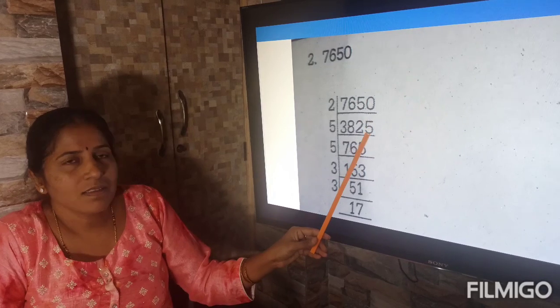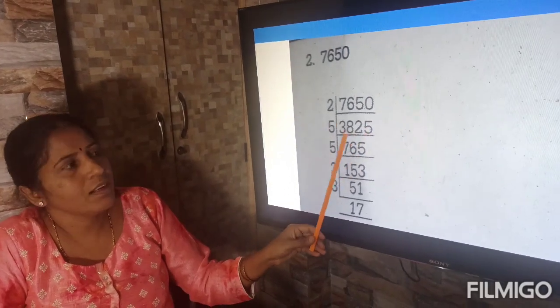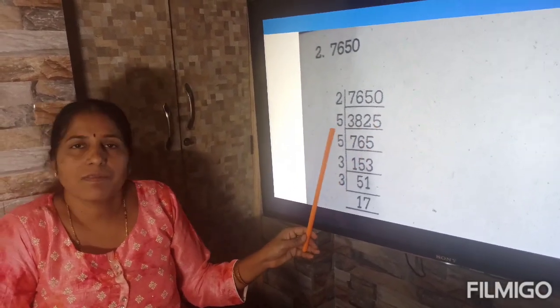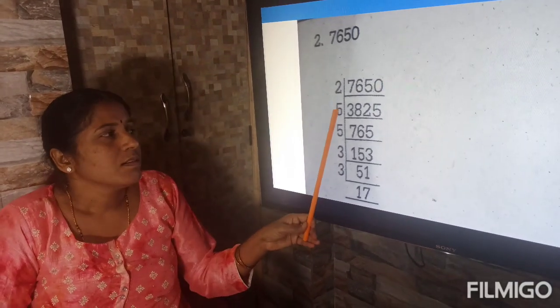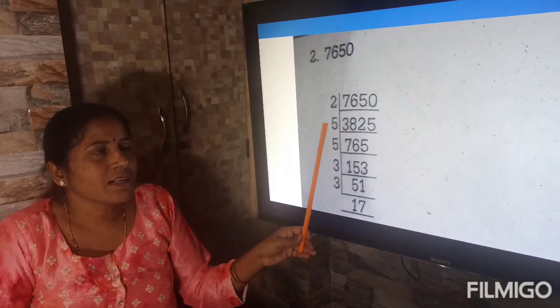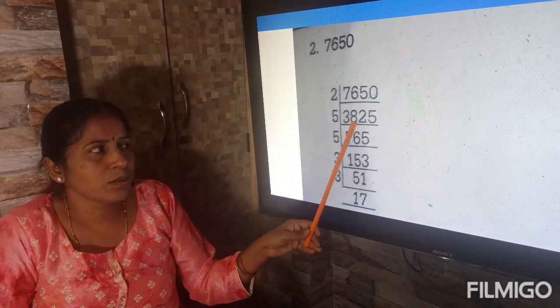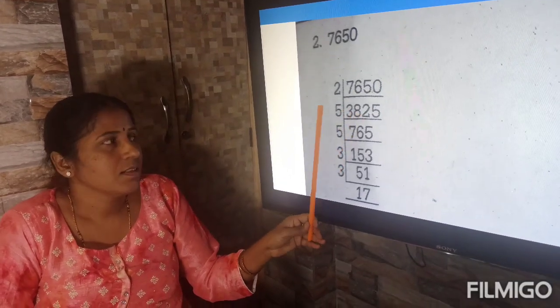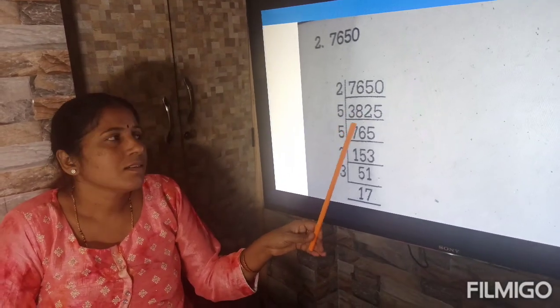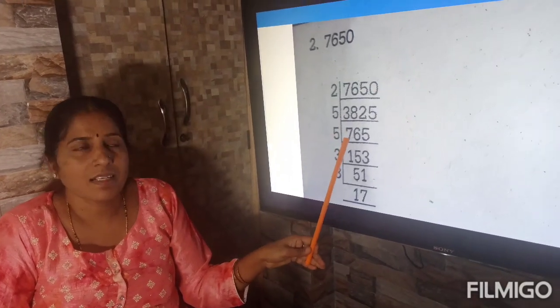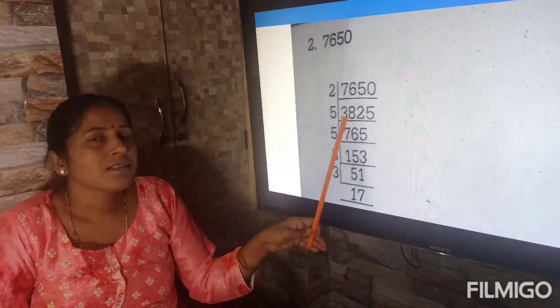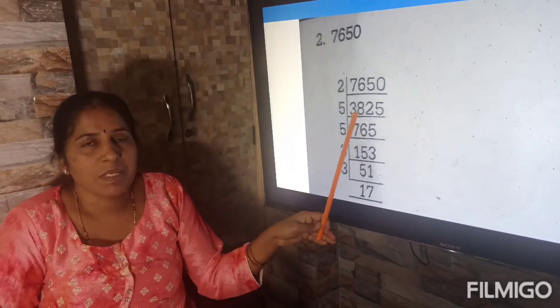Again divide by 5. If it is 0 or 5 at the last, then we have to divide by 5. Only one digit, it is not going by 5. Take 2 digits, it becomes 38. 38 divided by 5, 5 7s are 35. 35 subtracted from 38, 3 remains.